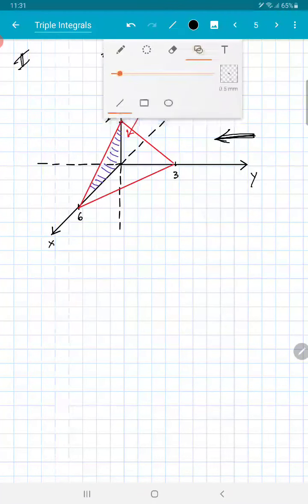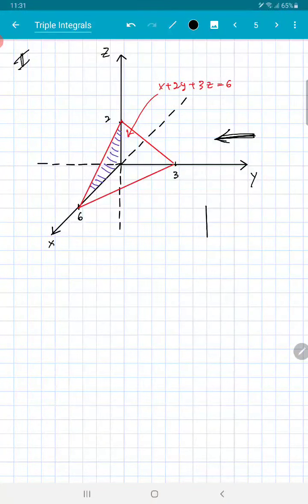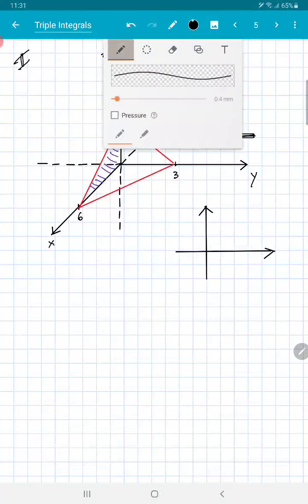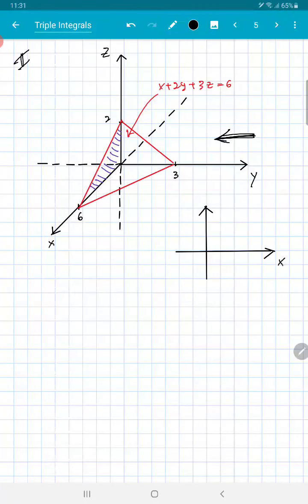Let's say here we have a straight line, the x axis and the z axis. This one is the x axis, and the z axis here, and then we have this line.